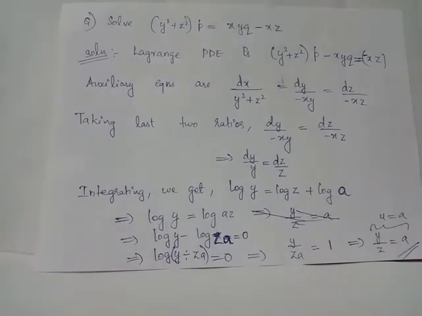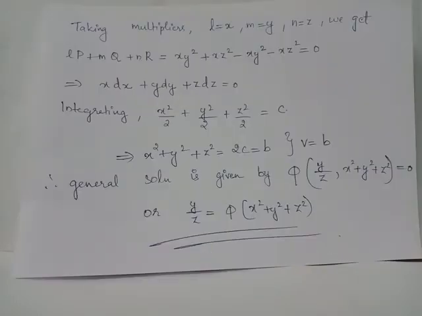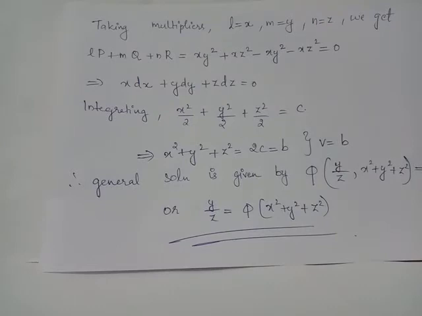Notice that even if we compare any other ratios of the auxiliary equation, it's not very easy to attain the next solution. So we will depend on the method of multipliers. If we choose multipliers L, M, N such that L equals x, M equals y and N equals z, and when we consider LP plus MQ plus NR, we have P equals y square plus z square, Q equals minus xy, and R equals minus xz.